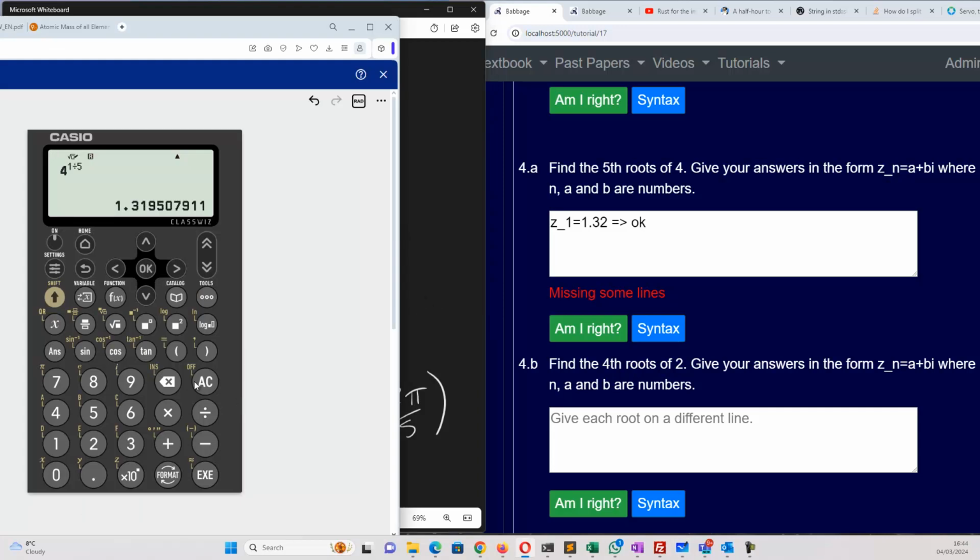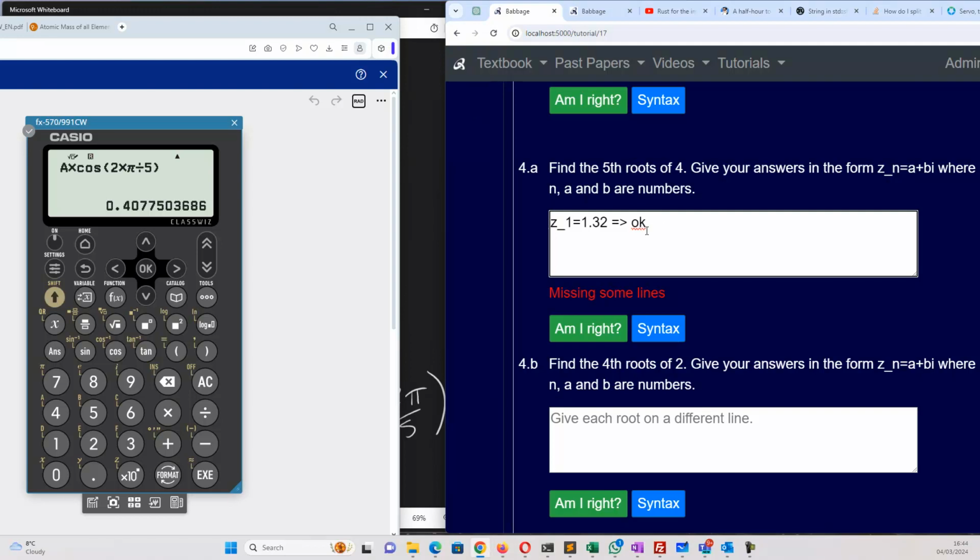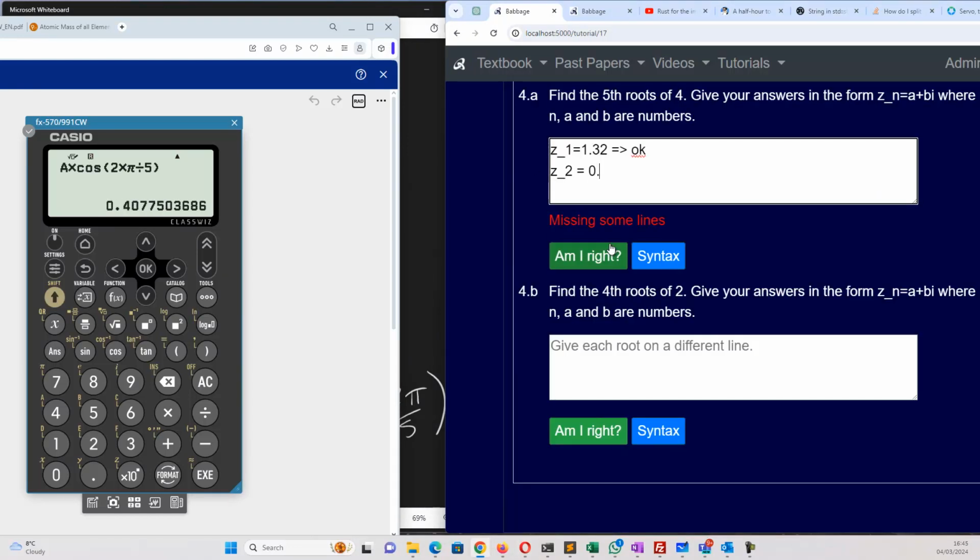So we're going to clear that and say that we want to recall A, times the cosine of 2 times pi divided by 5, and the answer to that is 0.41. So let's put that in Babbage. So we've got Z2 is equal to 0.41.